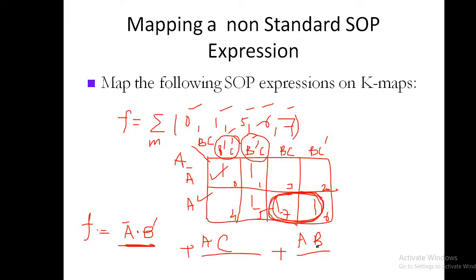So it will be AB plus AC plus, you have this A bar B bar, right? So A bar B bar is there. Whether you are writing in this fashion or in the dash fashion, whatever you like. So this is going to be the answer.